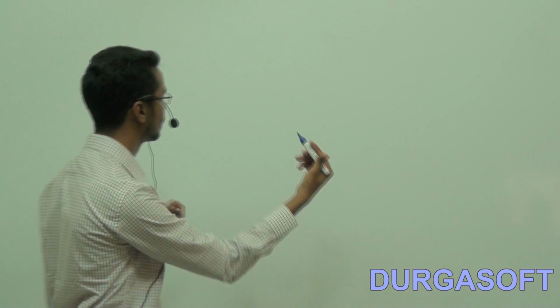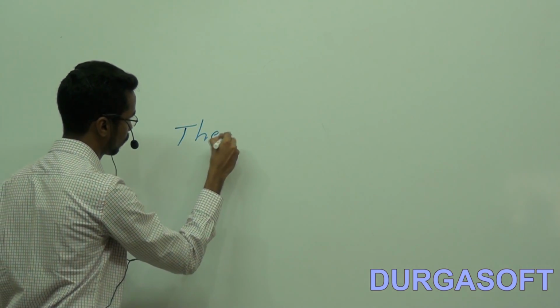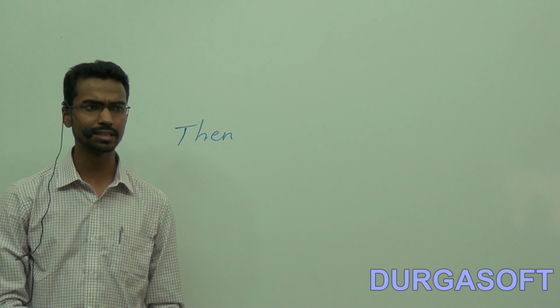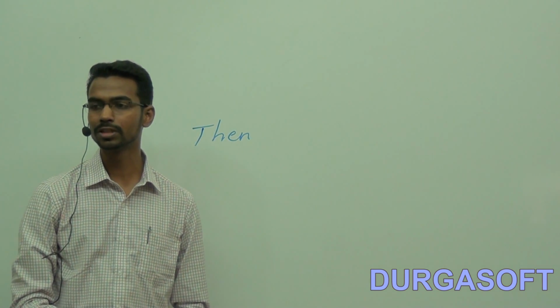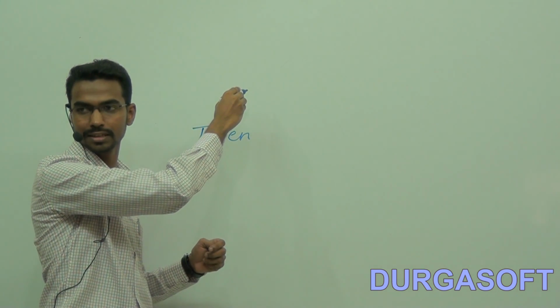Suppose a sentence begins with this word, then. Do you think it can be the first sentence? No. Why? Because if I want to say then, there must be something else before that. Right?